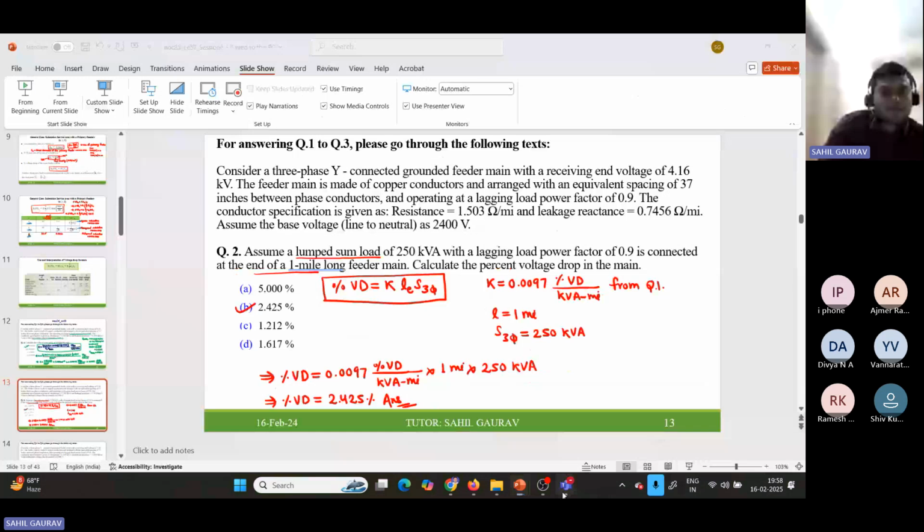In the last problem it was a lumped load, but here it says the load is uniformly distributed along the feeder main. So if you see in this problem, in the last one L effective is the same as L due to the lumped load.